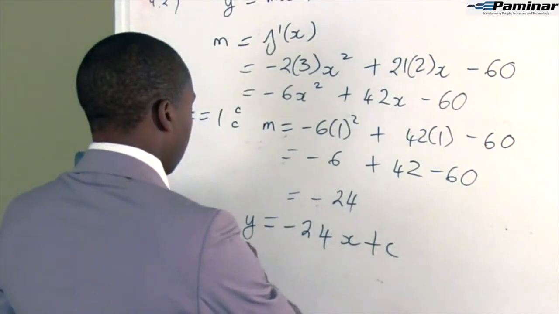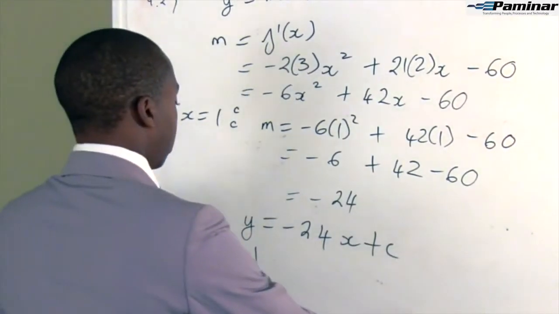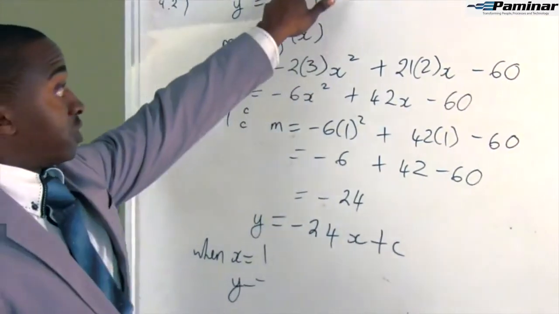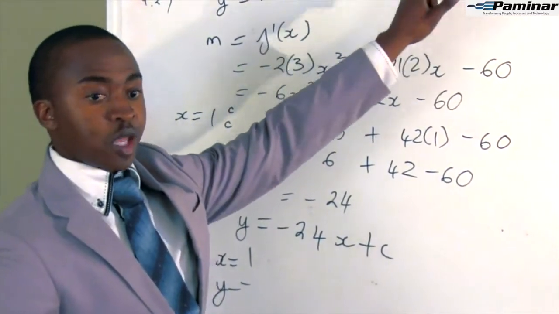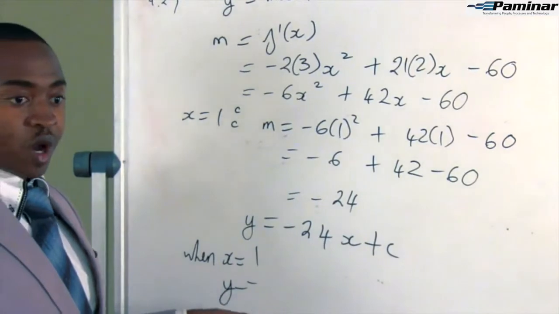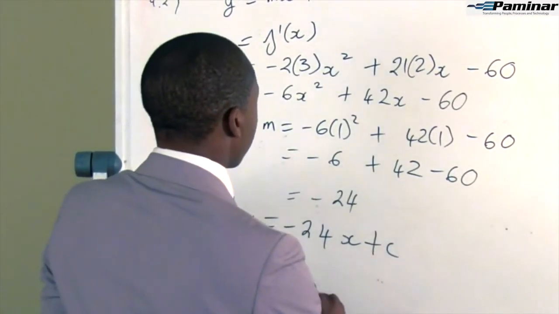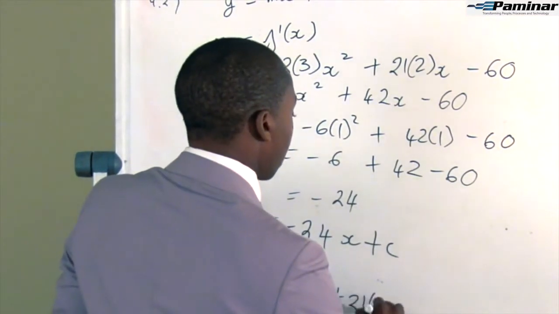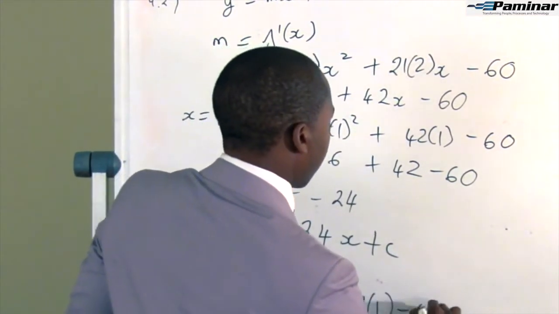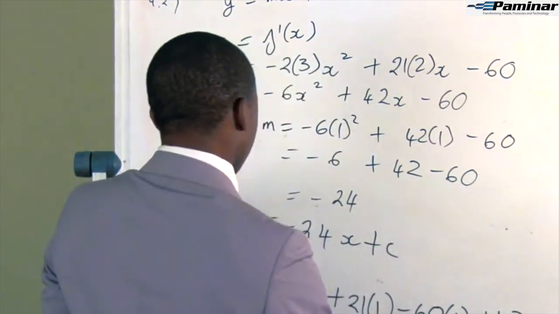So, when x is equal to 1, y should equal, we go back to the original equation, substitute x is equal to 1 in there to get what value y is. So we substitute, it becomes minus 2 times 1 plus 21 times 1 minus 60 times 1 plus 43.